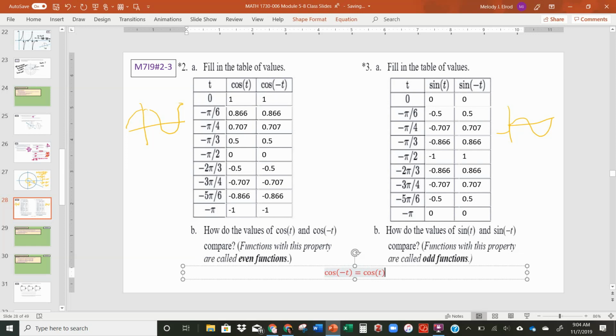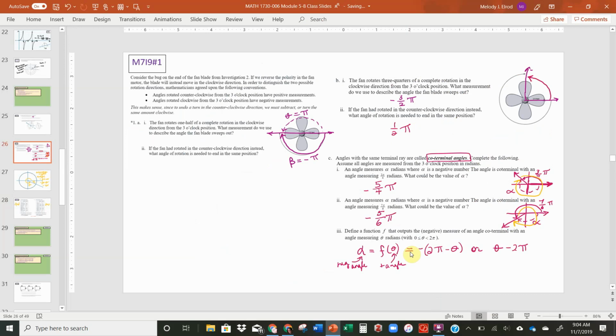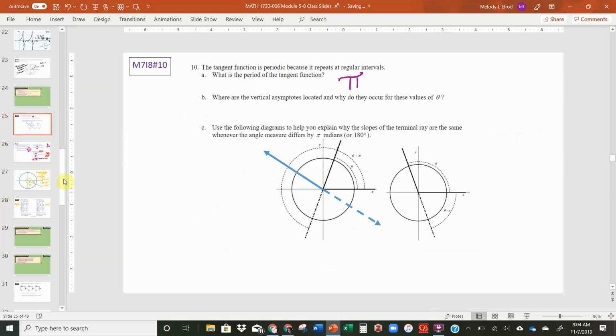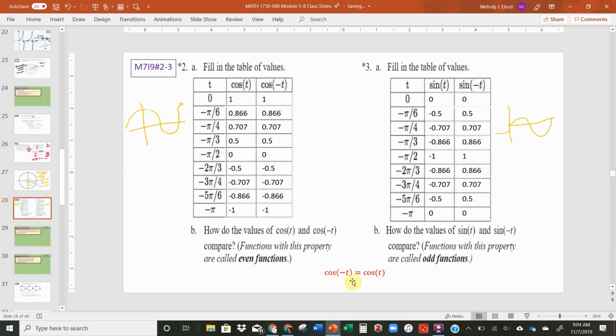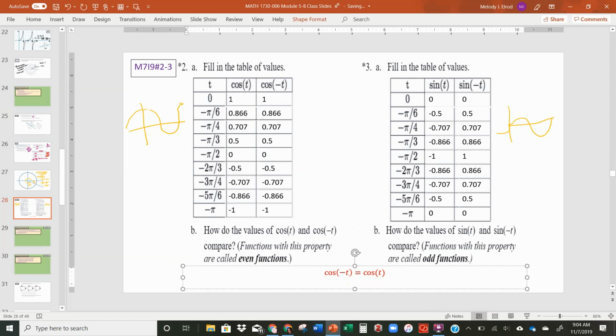It doesn't really matter which one is which. It's an even function. So we have an even function.